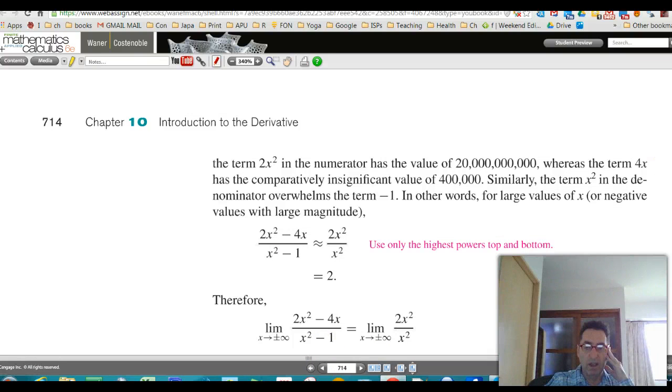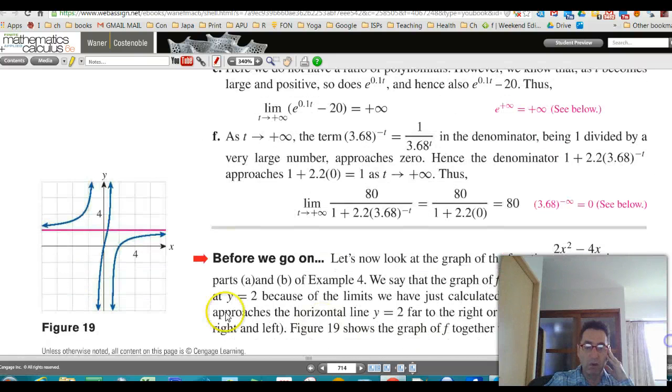So as we approach 1, here's 1 from the right, we go to minus infinity. As we approach 1 from the left, that's going this way, we go to plus infinity.